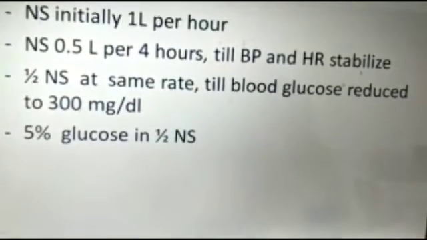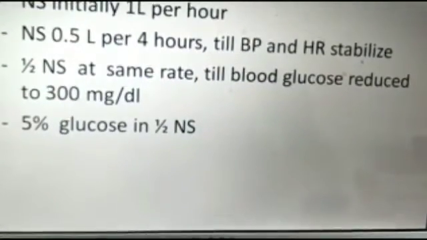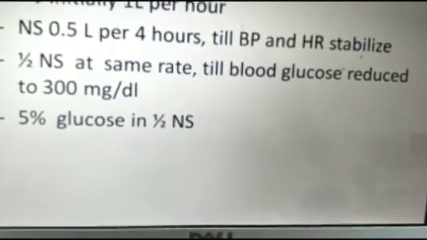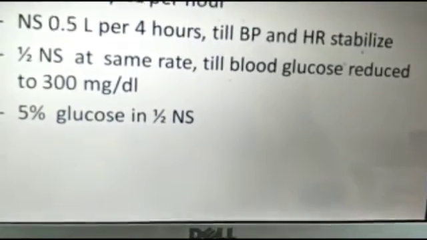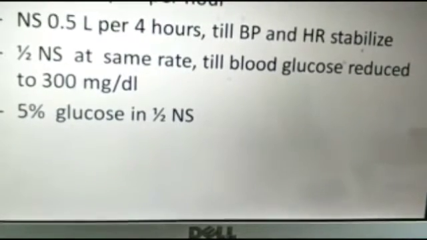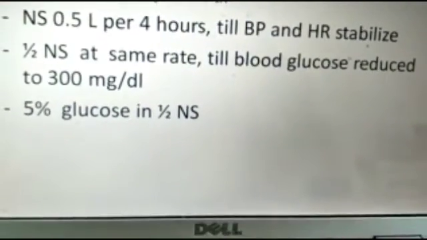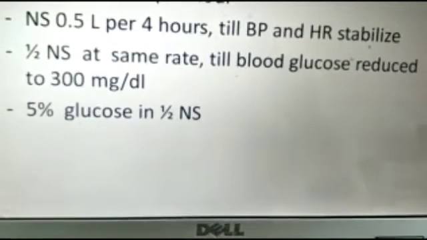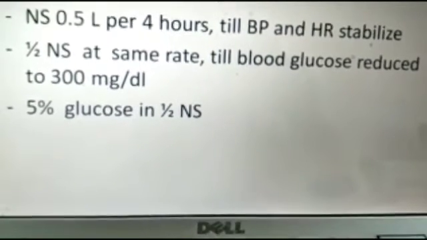After that, we reduce it to half normal saline at the same rate, that is half liter in 4 hours. Half normal saline is continued till the blood glucose levels are reduced to 300 milligrams per deciliter.